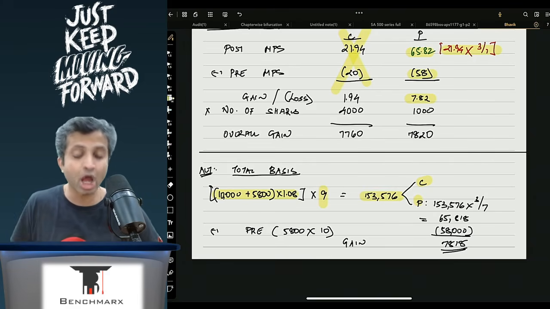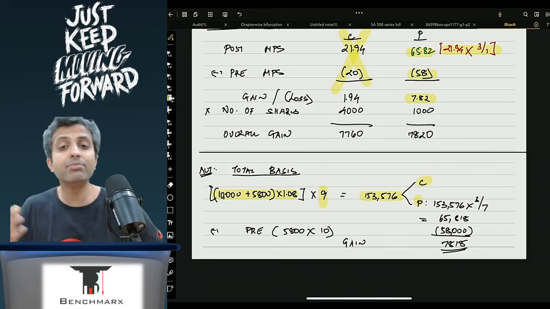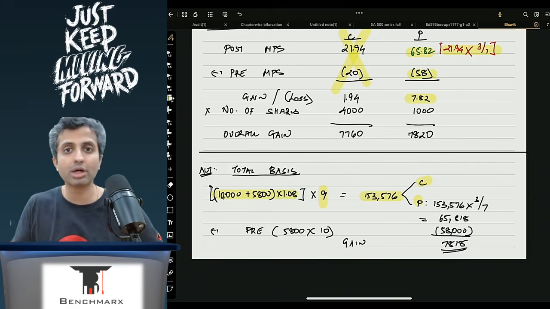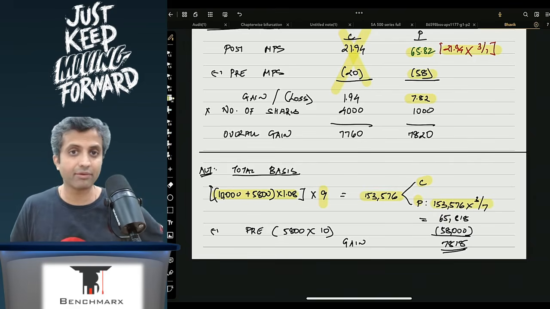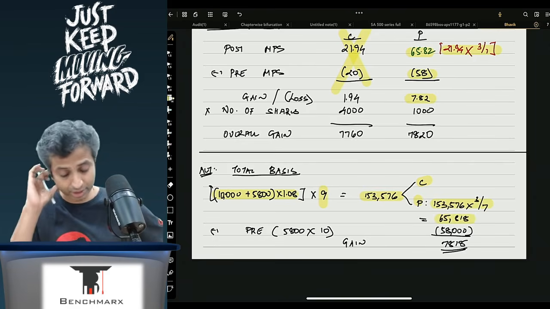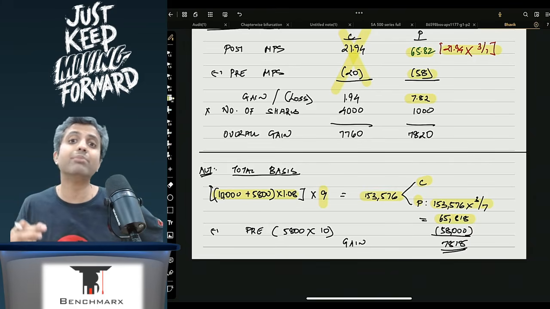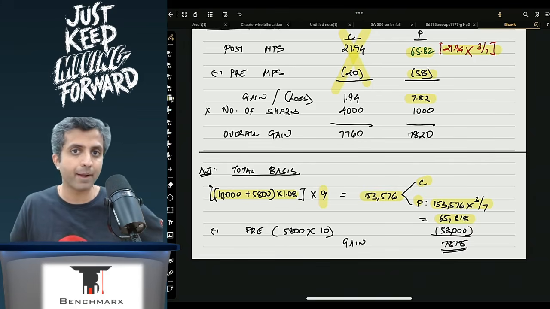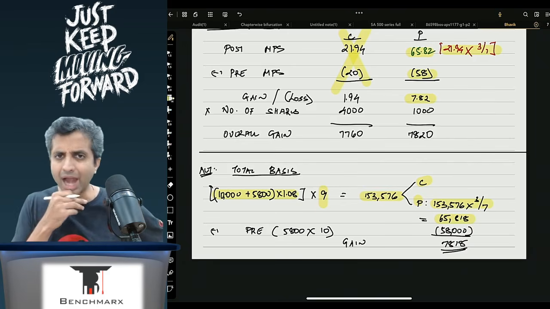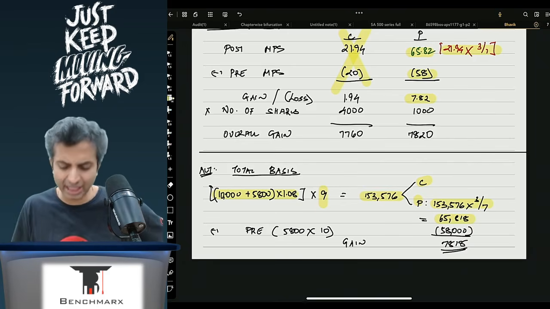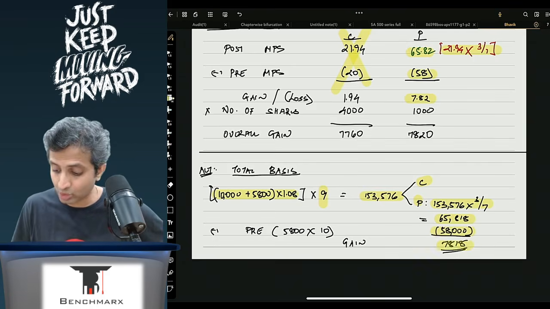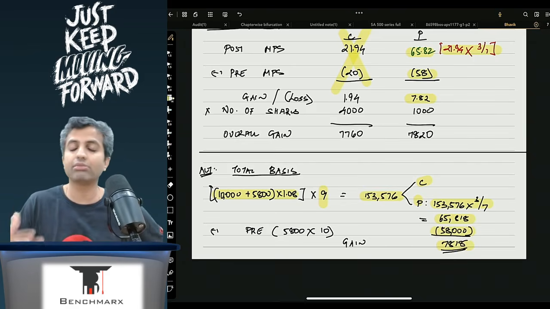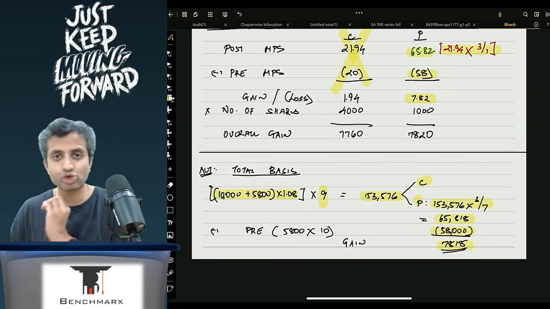So 3 by 7 of the entire company will be the wealth attributable to P's shareholders, and hence 153,576 into 3 by 7 comes to 65,820 approximately, minus the pre-merger value of P. Well, P had profits of 5,800 and a P/E of 10 times, and hence 58,000 will be the pre-merger market value, and hence 7,800 approximately would be the gain enjoyed by P shareholders.